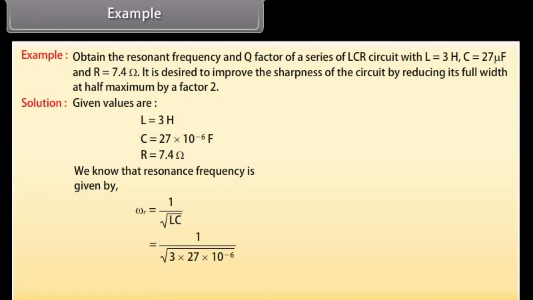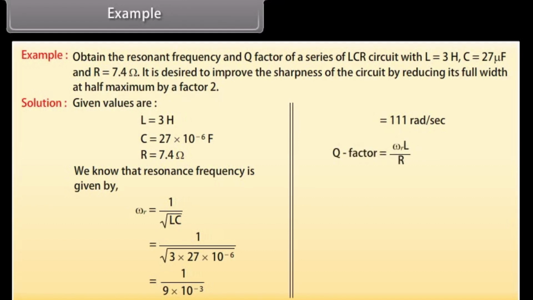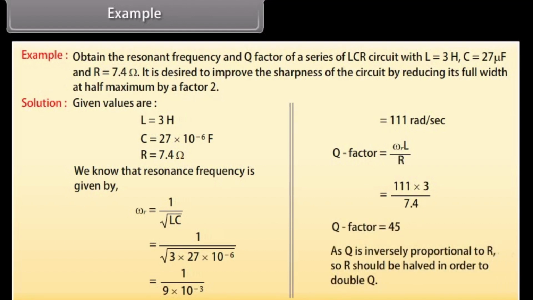Now, putting the values, we get resonance frequency equal to 111 radian per second. Q factor is equal to omega naught L upon R. Putting the values, we get Q factor equal to 45. As Q is inversely proportional to R, R should be halved in order to double Q.